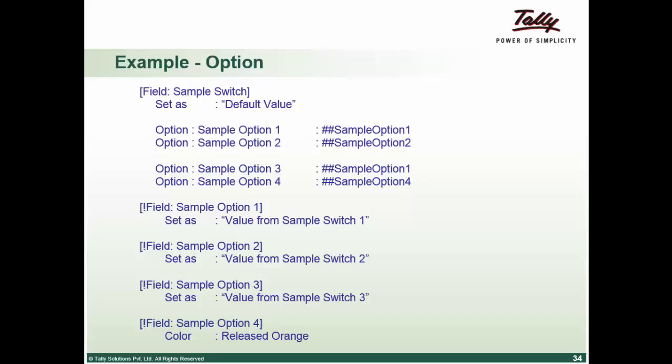And in case of 2, the set as value from sample switch 2 will get executed. In case of the 4th condition getting satisfied, the set as will remain as default value, but the color of the text would be orange. So that's how the optional case works.